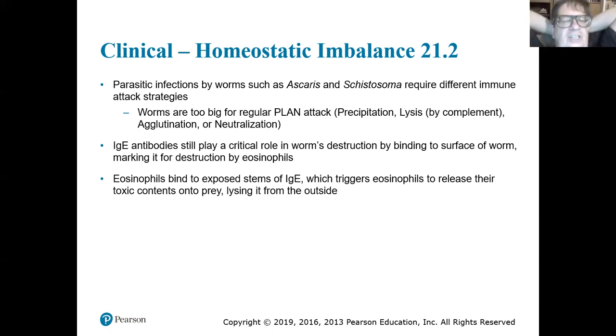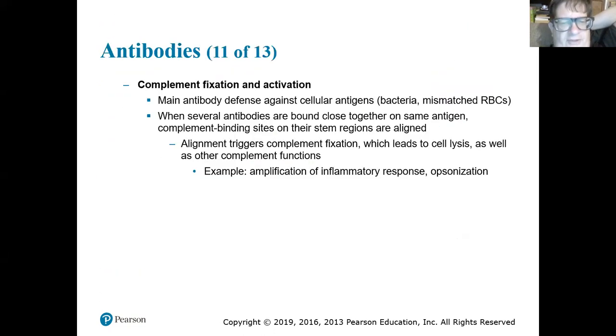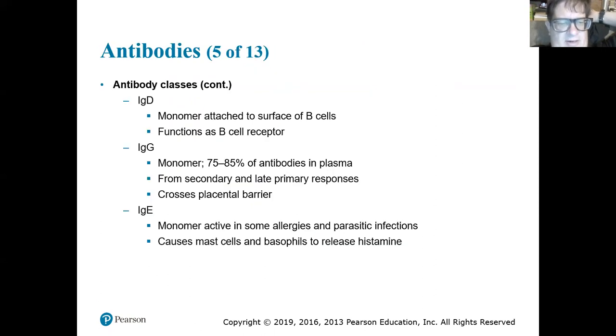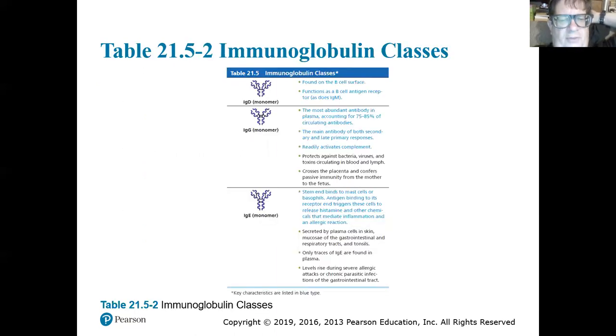The IgE antibodies, immunoglobulin E: a monomer, active in allergies and parasitic infections, causes massive release of histamine. So that's going to cause a big inflammation response.